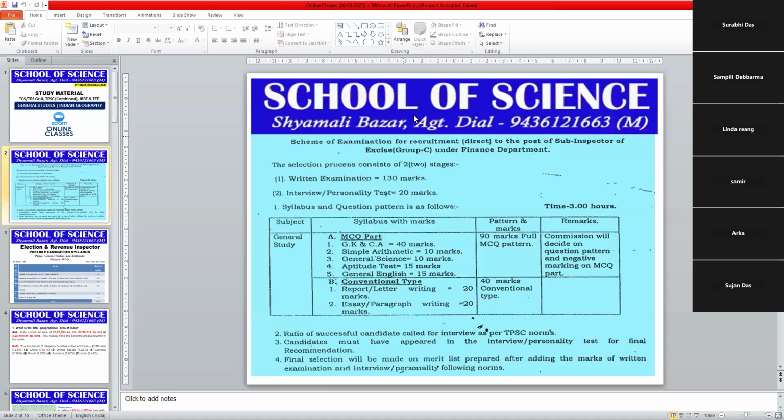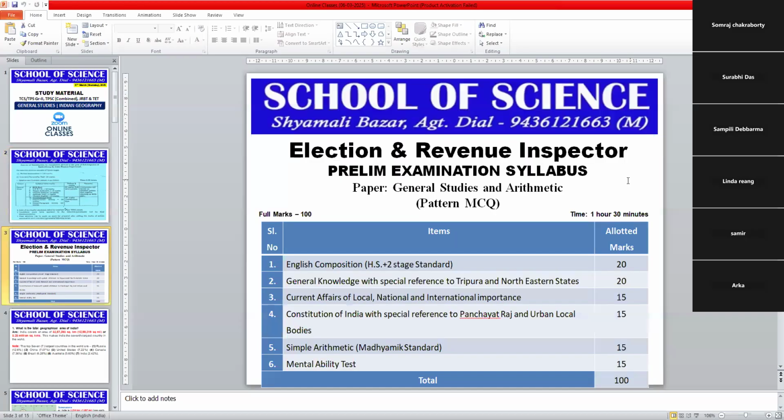Now you have been giving here the mock test of 100 marks, and this paper we are setting for Revenue Inspector and Election Inspector. Show me this syllabus of TPSC combined. You just see for Election and Revenue Inspector prelim examination syllabus, General Studies and Arithmetic. English composition 20 marks, General Knowledge with special reference to Tripura and Northeastern states 20 marks.